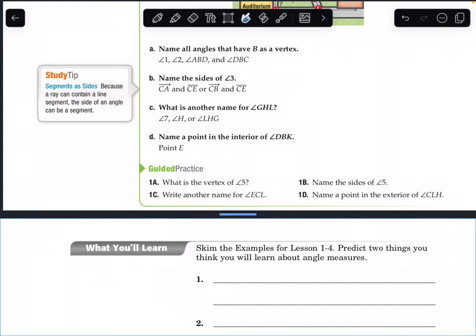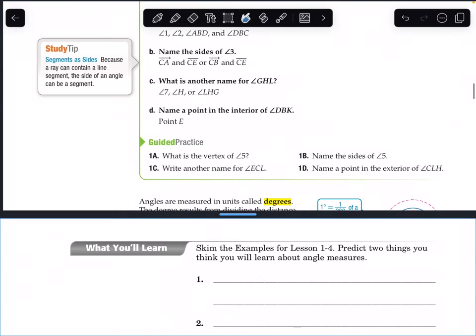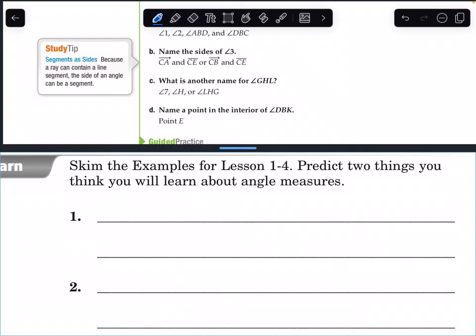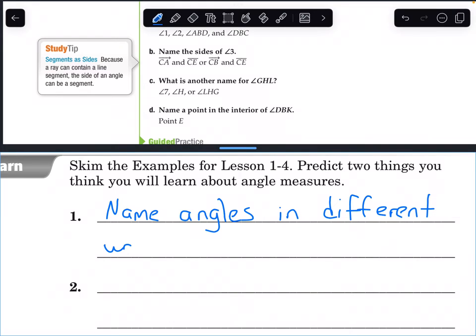Another name a point on the interior. So it sounds like we've got a lot of naming angles in different ways. So we will learn how to name angles in different ways.